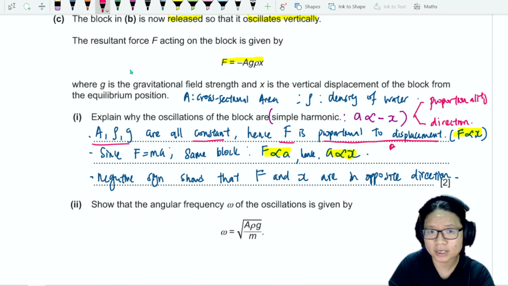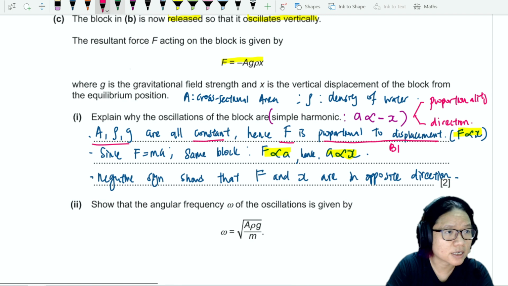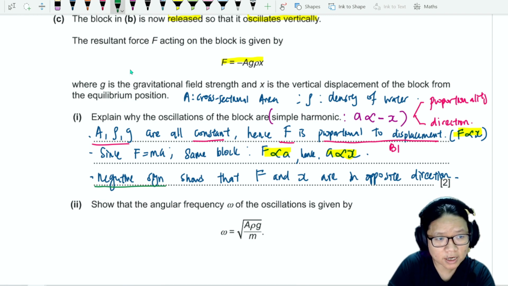The second mark is the negative sign showing that F and x are in opposite directions.